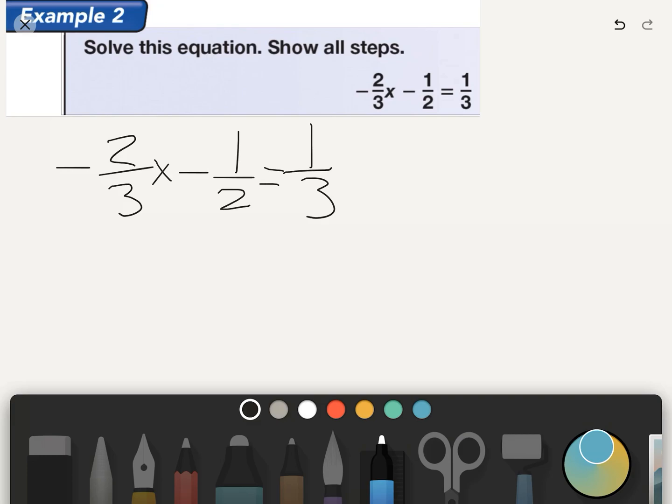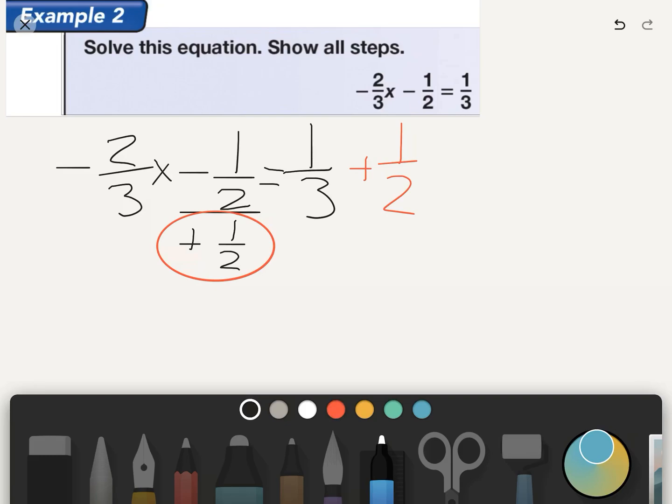So the first thing we need to do is subtract from each side. Or excuse me, need to add. Oh my goodness. Need to add 1/2 to each side because we're looking at a subtraction sign there, which means we've got to do the opposite.